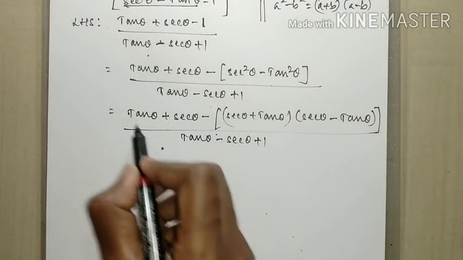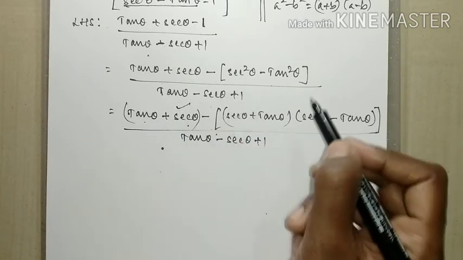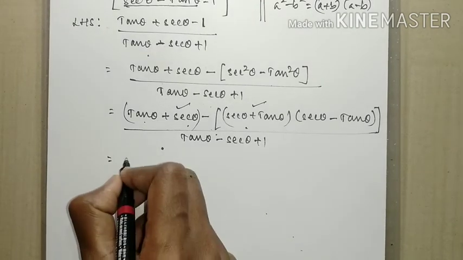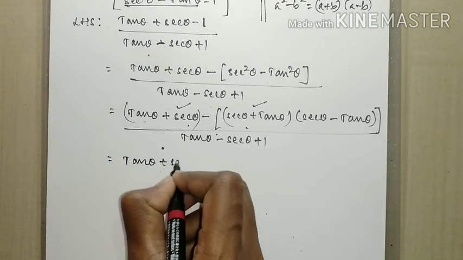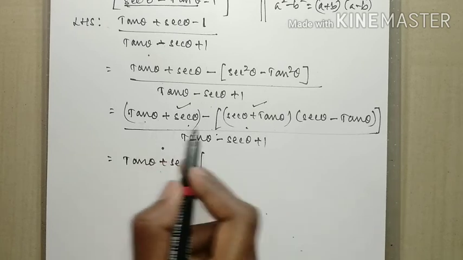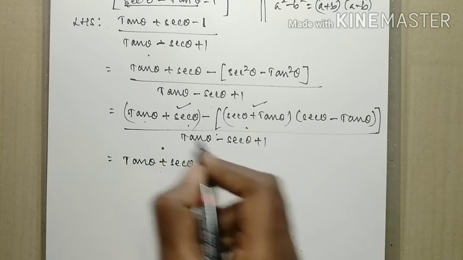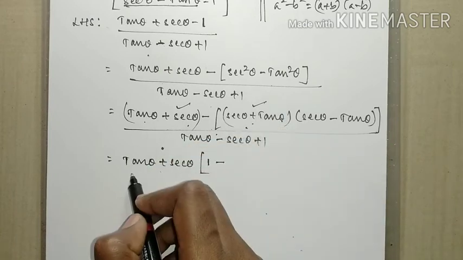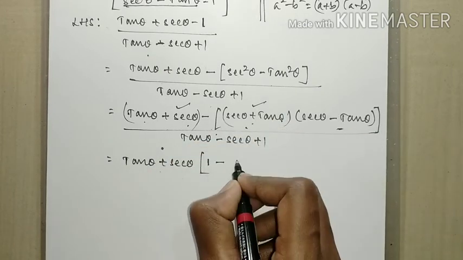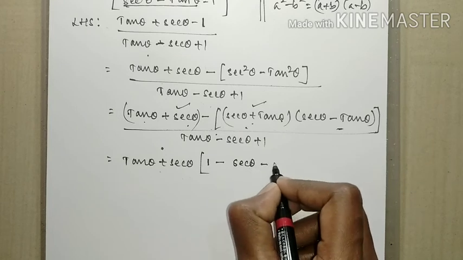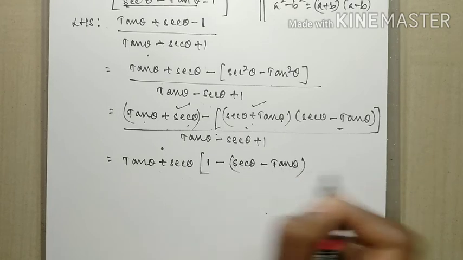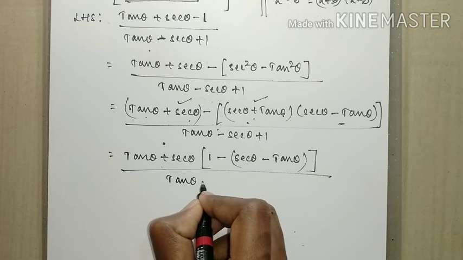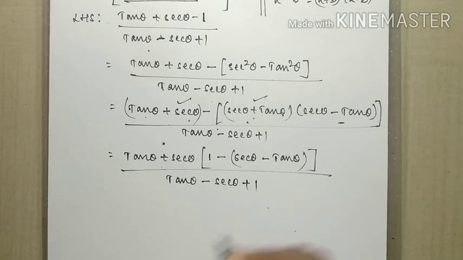So now in the numerator, tan theta plus secant theta, here also tan theta plus secant theta, we can take a common factor. That is tan theta plus secant theta. If you take a common factor, here the term came out, so 1, this minus, and in this part, secant theta plus tan theta is already out, so the remaining is secant theta minus tan theta, divided by tan theta minus secant theta plus 1.